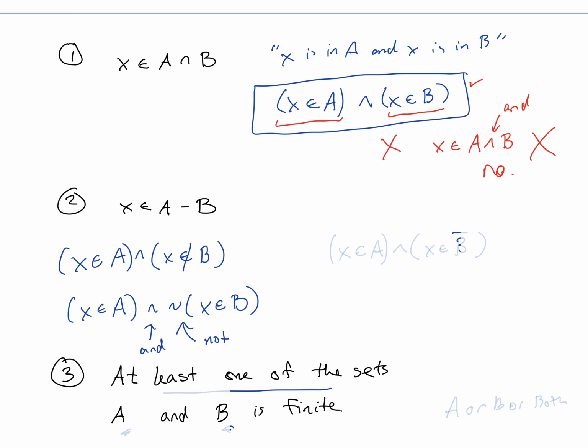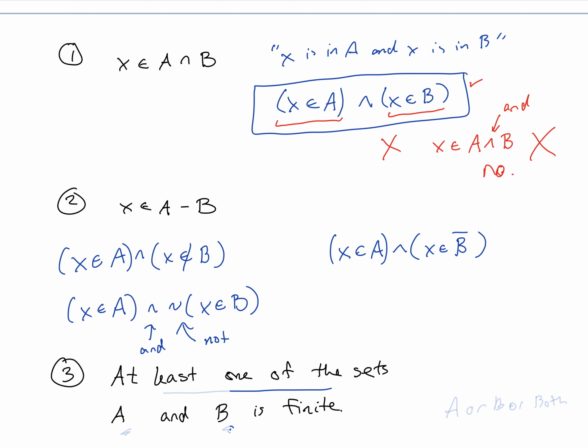We could also write X is an element of A and X is an element of B complement. So those would all be ways that we could rewrite that statement using and and not as appropriate symbols.